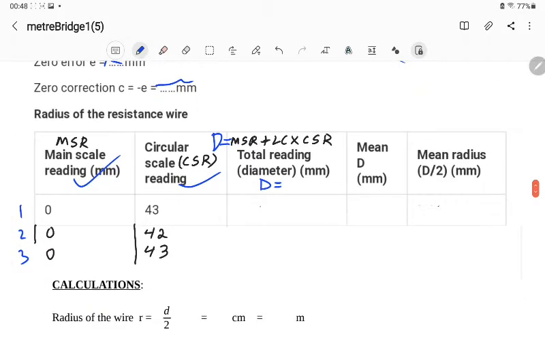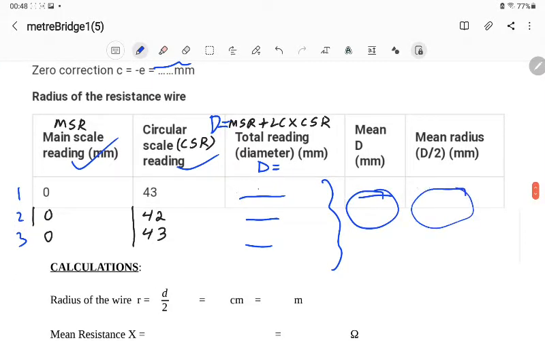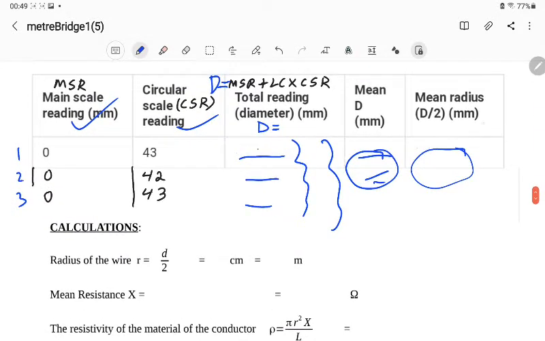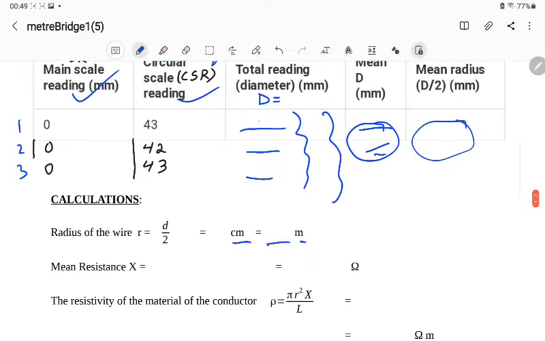You will get three diameters, right? Take the mean right here, and then convert this diameter into radius, so you just need to divide it by 2, right? This is in millimeter, so you have to convert it into meter.